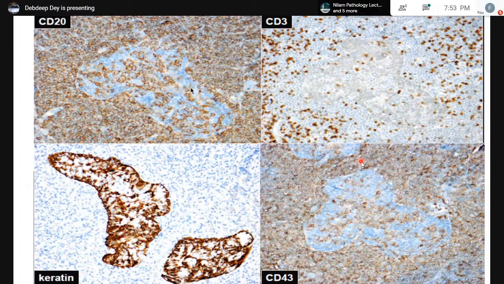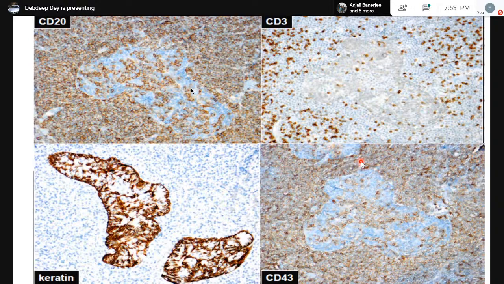And CD43 is only one of the markers, which comes up in about 50% of marginal zone lymphoma cases, and CD43 is positive within the CD20 positive population.